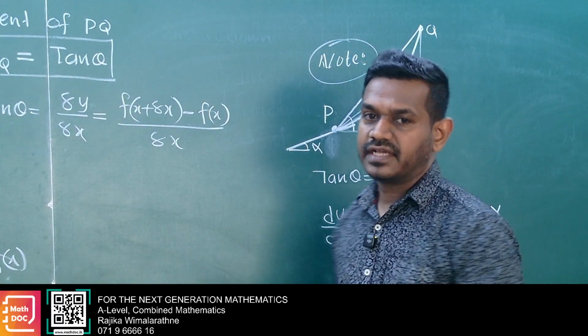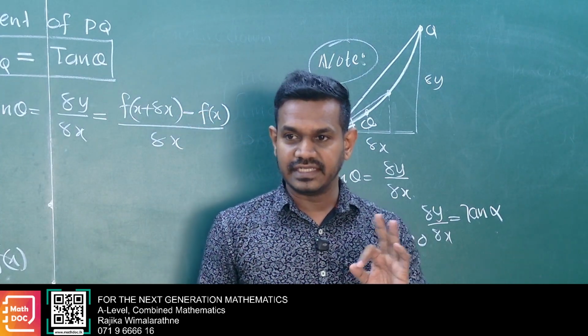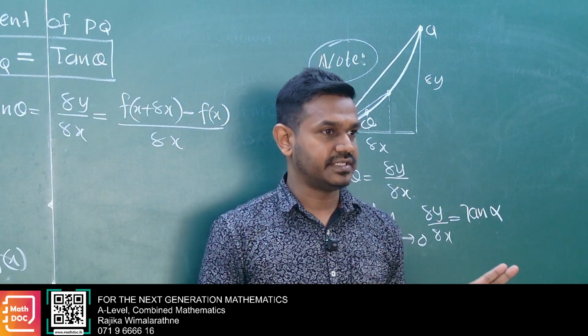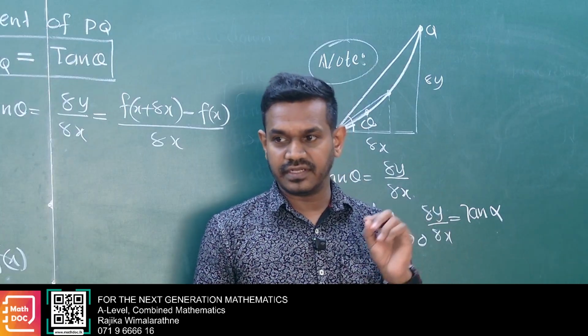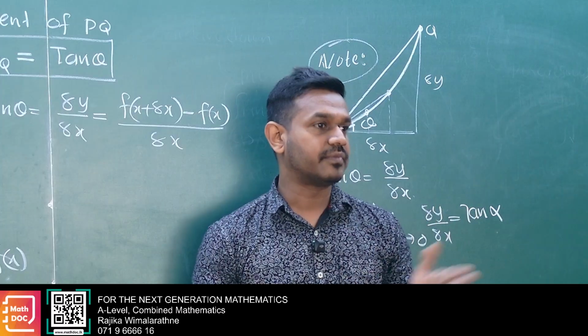Then dy over dx is not a division, but we say it is dy by dx. It is not a division, but it has some properties of division. It has some properties, not all.